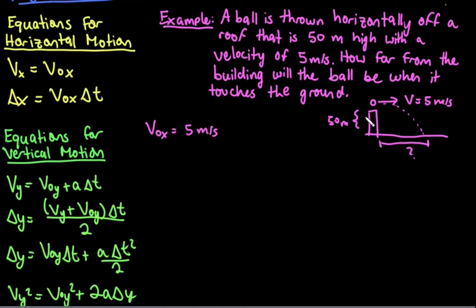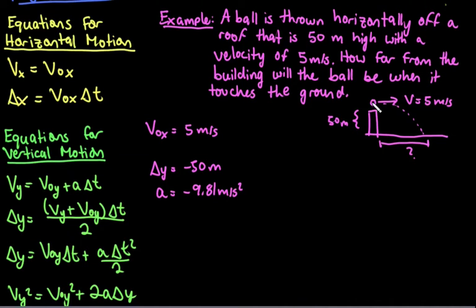We know that the height of the building is 50 meters, and when a ball is falling, that means that it travels in the negative direction. So our delta y is negative 50 meters. We also know that our acceleration is negative 9.81 meters per second squared.